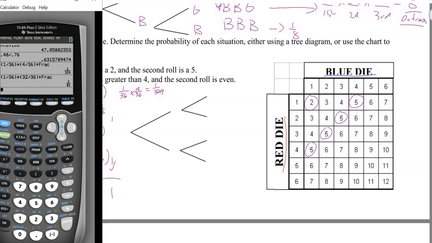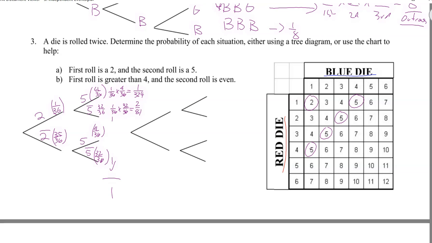Okay, so that's 2 out of 81. 1 out of 36 times 4 out of 36 is 1 out of 324. 1 out of 36 times 32 out of 36 is 2 out of 81.